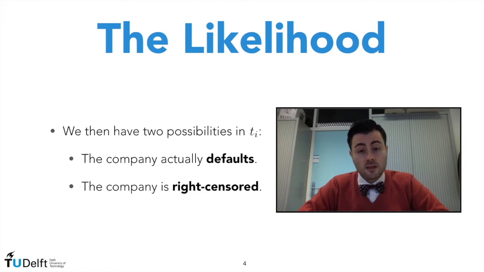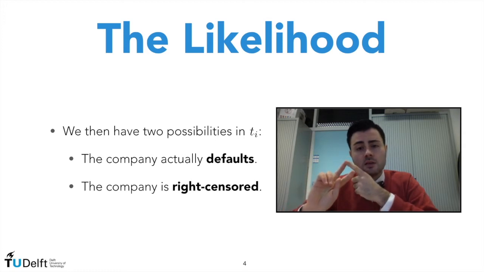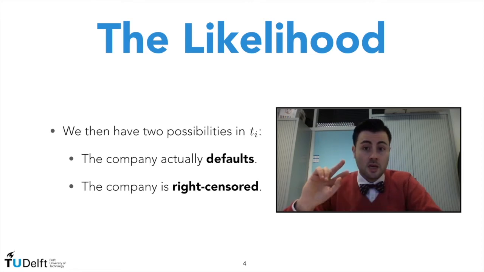Given what we have said last time about censoring, at time t_i we have two possibilities. One is that the company actually defaults in t_i, and the second is that the company is right censored in t_i. So we know that in t_i the company was still active, but we don't know anything about what happened after t_i.